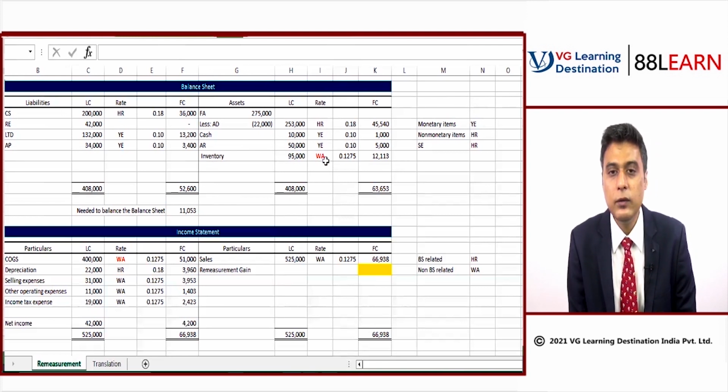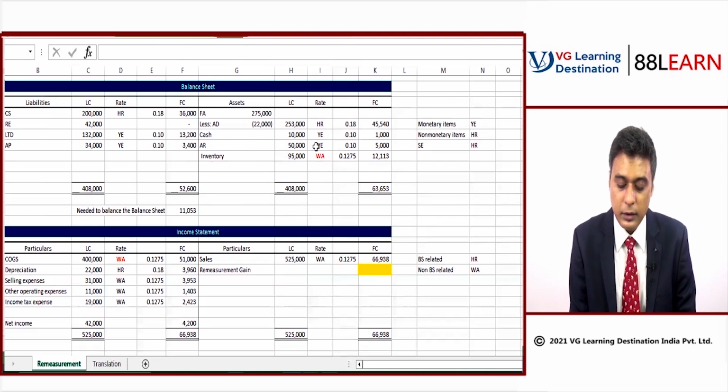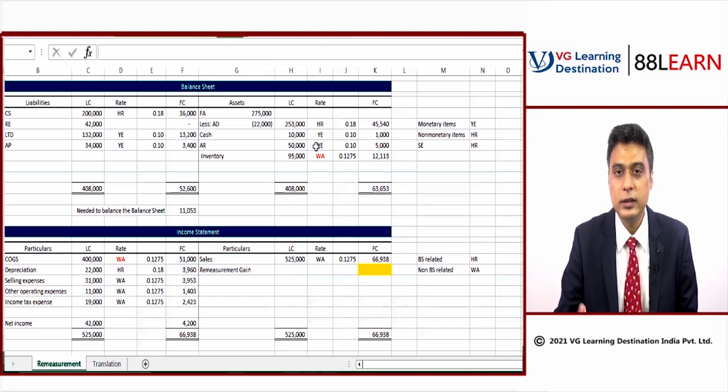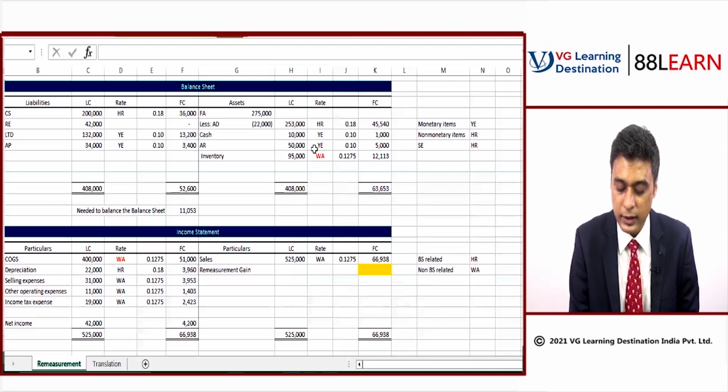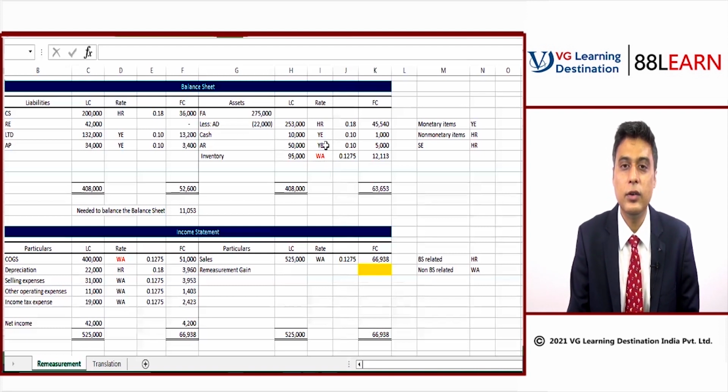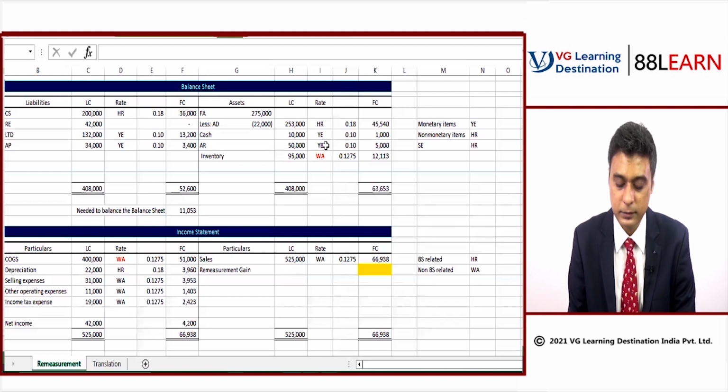Now, inventory. In this particular example, we have taken an assumption that the purchases and sales have been happening evenly throughout the year. So we are basically using the weighted average rate for inventory. I've just highlighted it in red so that you know that it is an item that we are treating at the weighted average rate.